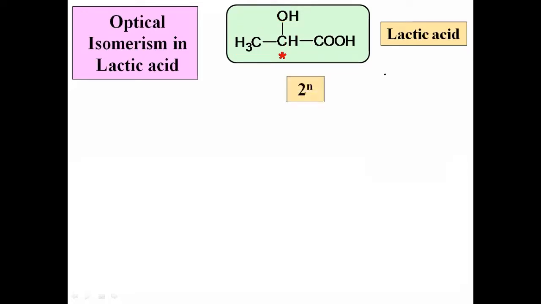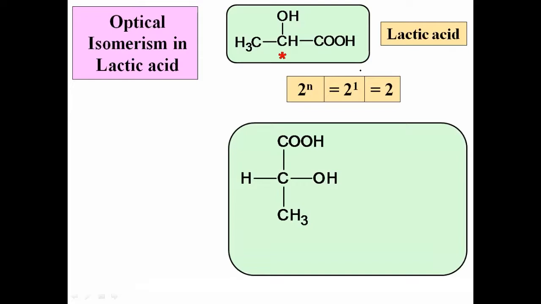Now according to the formula 2 raised to n, where n is the number of chiral carbons, we can calculate the number of possible stereoisomers. Putting the value, 2 raised to 1 is equal to 2, so lactic acid should have 2 possible stereoisomers.